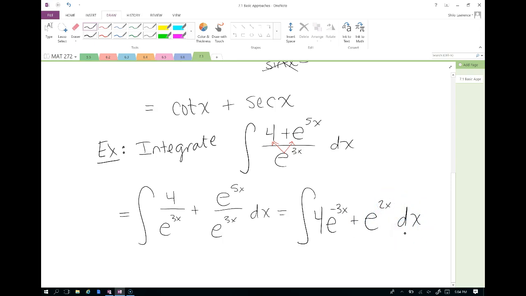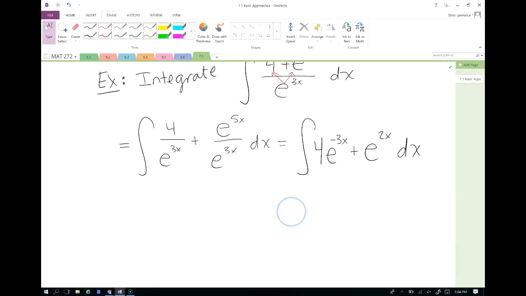This function now, 4e to the negative 3x plus e to the 2x, we can easily integrate. Because remember, one of the shortcut rules for integration when you have a linear exponent is you are just going to divide in front by the derivative of that exponent. That only works if your exponent is linear, which in this case they are.